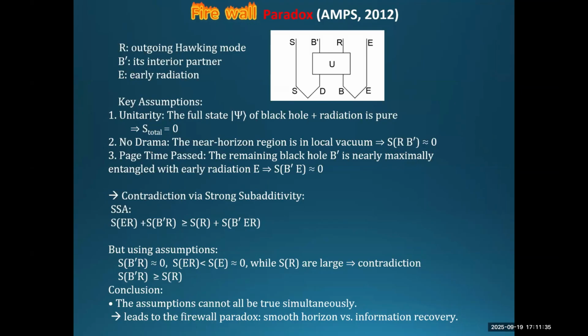That means the black hole and early radiation have strong entanglement, and the early radiation and the late radiation are entangled strongly, but a single system cannot be maximally entangled with two other systems. That's the theorem from quantum information. That is called monogamy of entanglement. You can describe the firewall paradox by this language? Yes, yes.